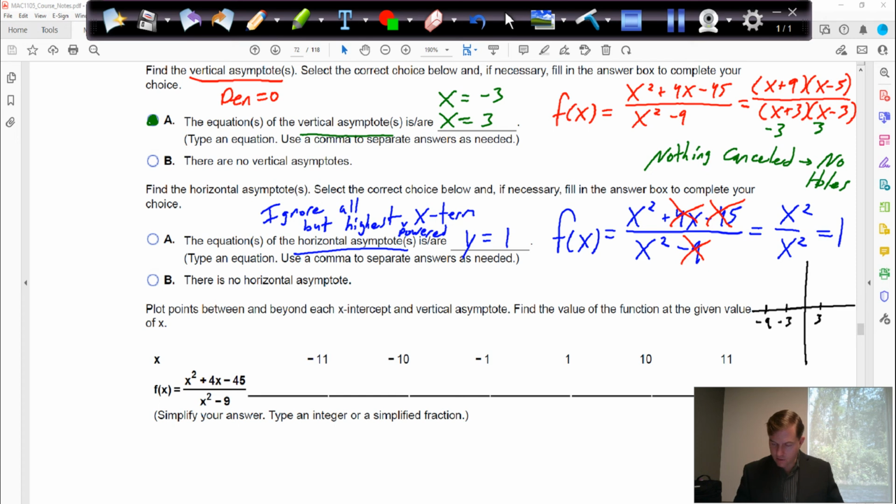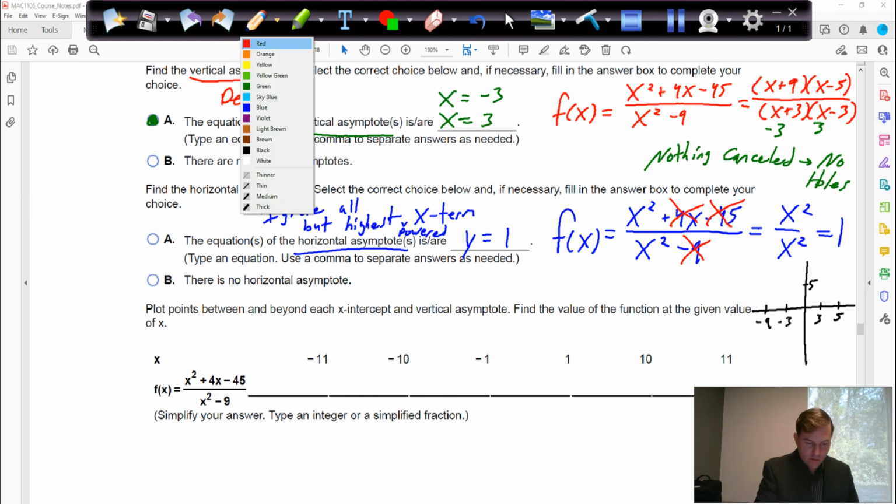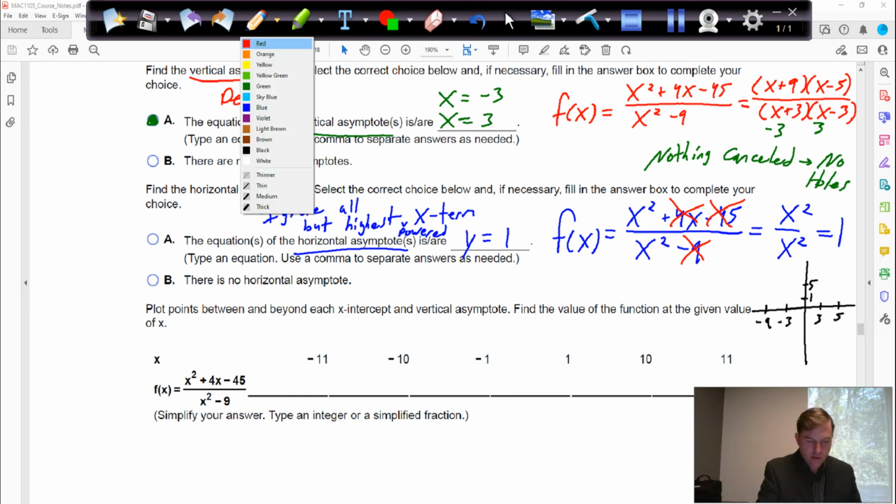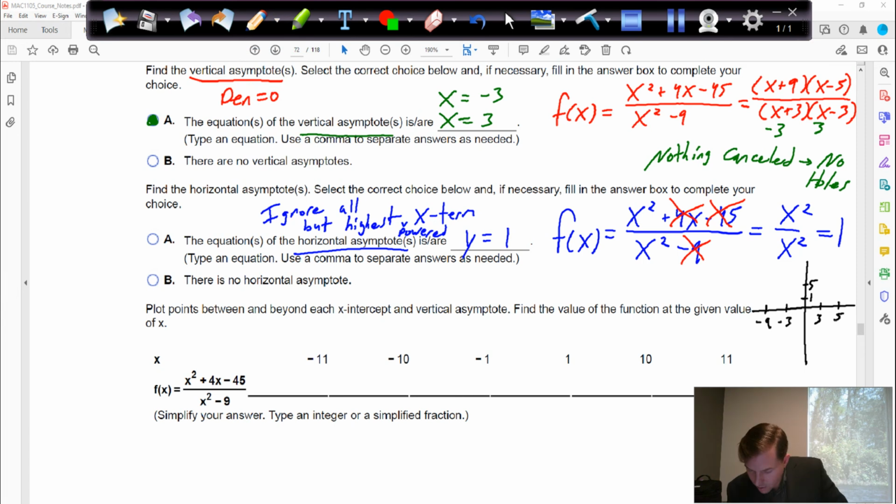And then +3, there's something. And then at 5, we had something. At 5, we had something. Oh, and 1 too. Let me put the 1 in there, on the y-axis. Okay. So we have two vertical asymptotes, one at -3 and one at 3. And we have a horizontal asymptote at 1, y equals 1.